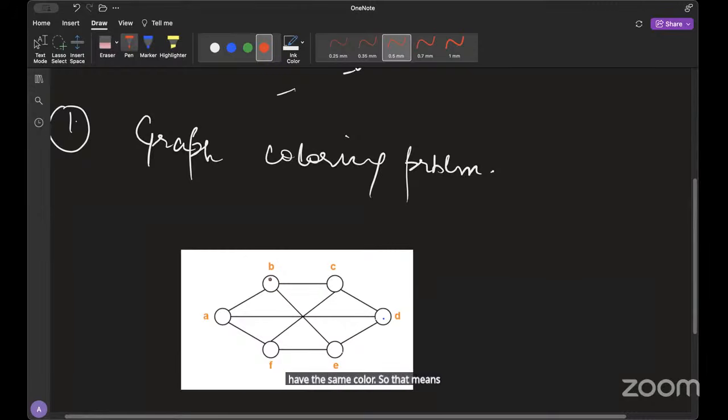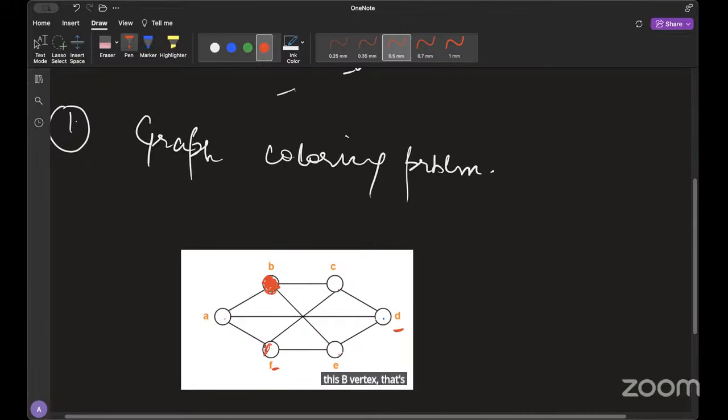So that means if I'm coloring this one red, then every vertex that has an edge with this vertex cannot have the red color. So this cannot have red color, this cannot have red color, and this cannot have red color. Now these two, this one and this one, don't have a direct edge with this B vertex.